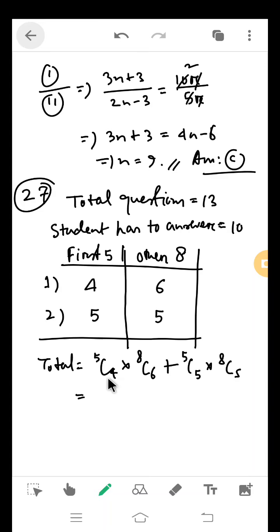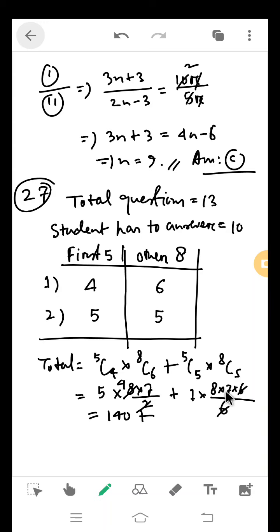So it can be easily calculated. तो 5C4 का वैल्यू 5 ही होगा, then 8C6 का 8 7 by 2 होगा, then 5C5 का 1 and this is 8 7 6 by 3 factorial 6 होगा, 10 7 तो 2 4. तो 20 into 7, 140 plus 56, total 196 is the total number of ways it will be done, and it goes to option A.